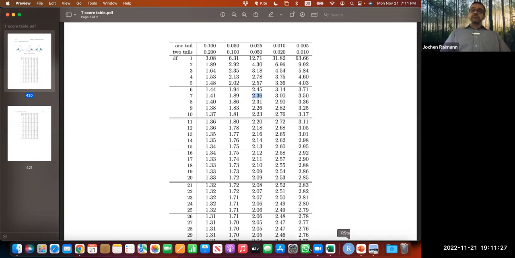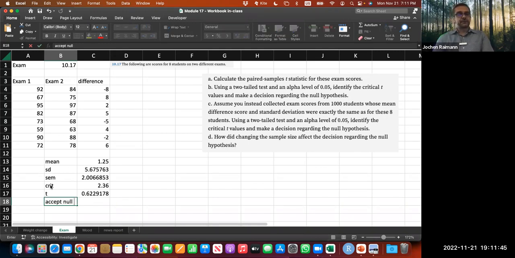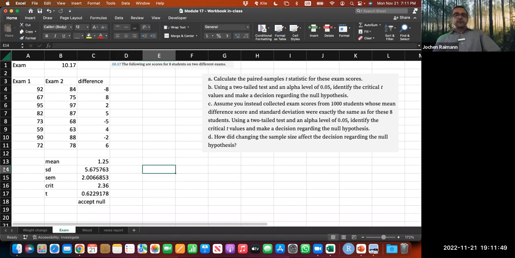So 2.36 is larger than 0.62. The t is smaller, so we are accepting the null hypothesis. So this is example A, and B.